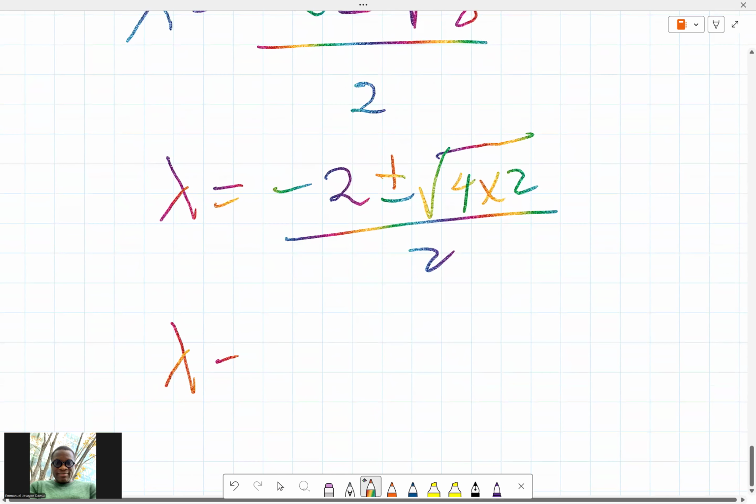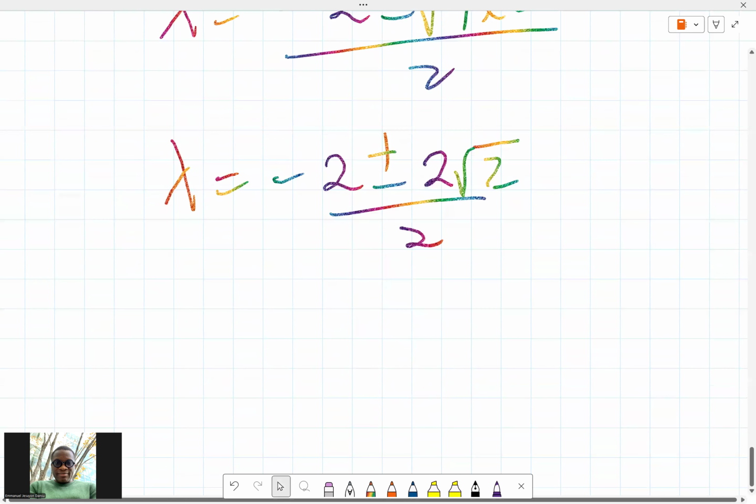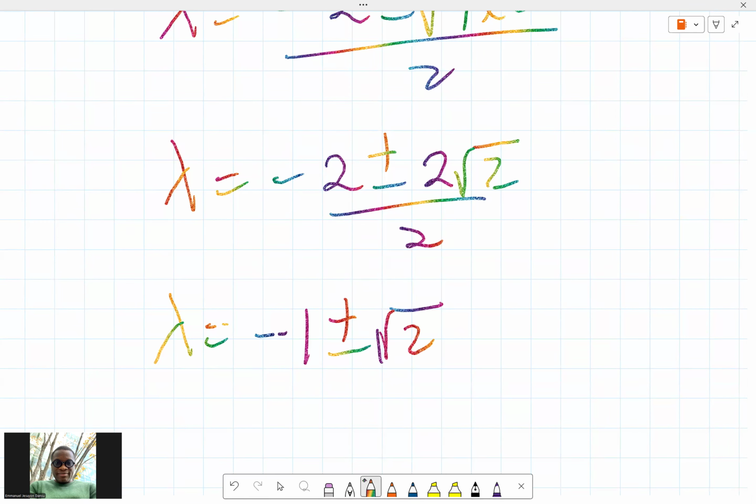The square root of 4 is 2, so we have 2 root 2 divided by 2. If we divide through by 2, lambda is simply equal to -1 plus or minus root 2.